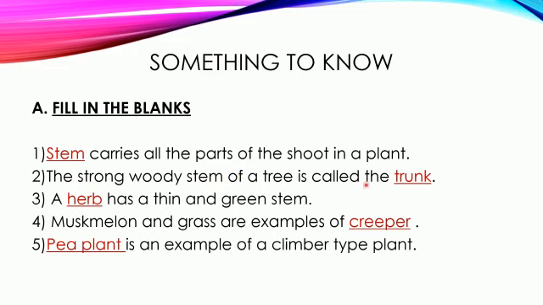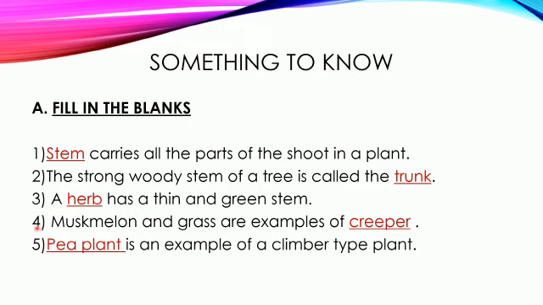We already have discussed the stem of a tree is known as trunk. So, the answer is trunk. Question number 3. A ___ has a thin and green stem. Answer is herb. Herbs are the very small plants and they have thin and green stem.